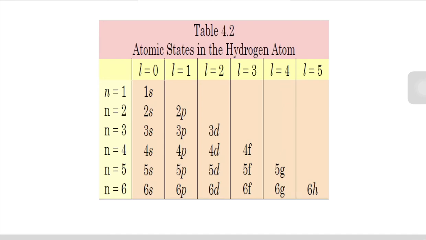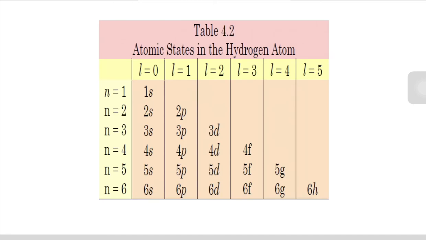And in this table we have atomic states in the hydrogen atom. We have the principal quantum number n and the orbital quantum number L. For n equal to 1, we have one value of L, which is L equal to 0, because L values go from 0 to n minus 1, and 1 minus 1 is equal to 0.